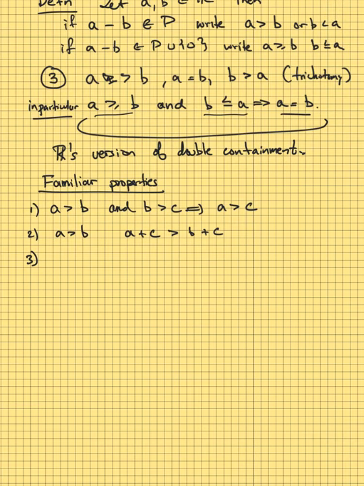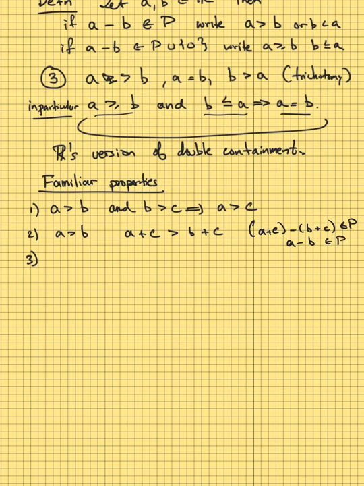So to prove 2, note that we're looking at a quantity of the form A plus C minus B plus C, and you want to say that this is positive, and you know that A minus B is positive.